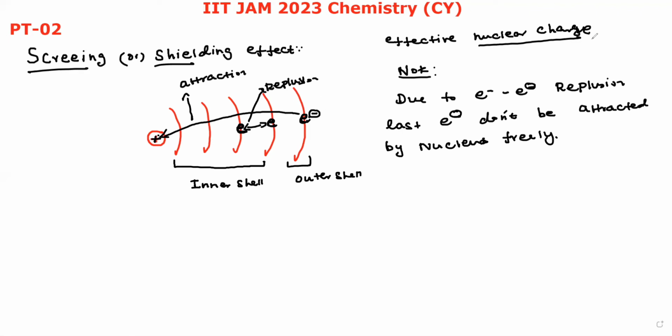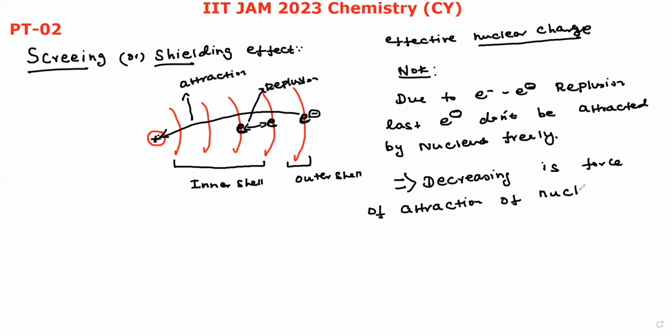This effective nuclear charge can decrease due to electron repulsion. Note, the decreasing of the force of attraction of the nucleus by electrons is called the screening constant or screening effect.